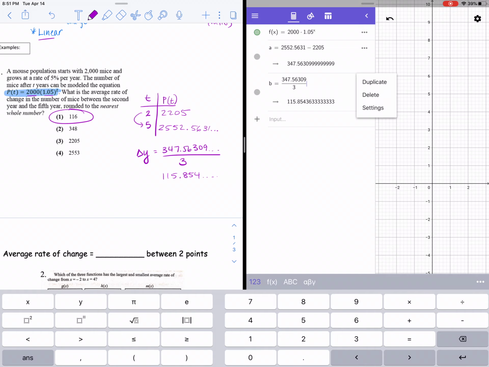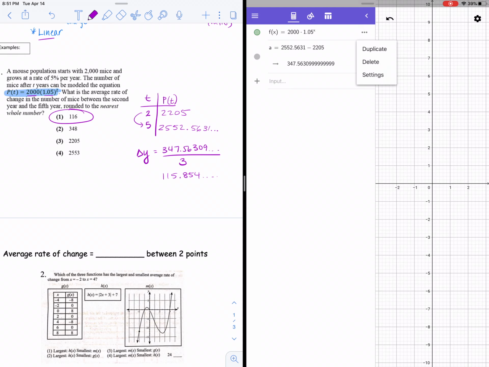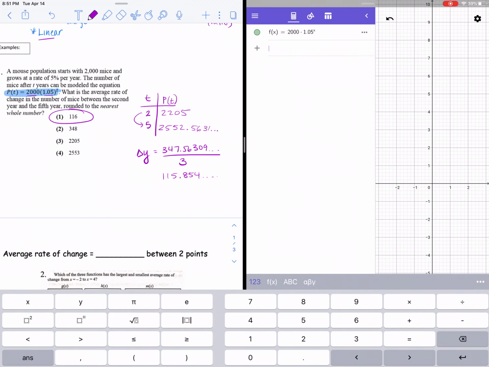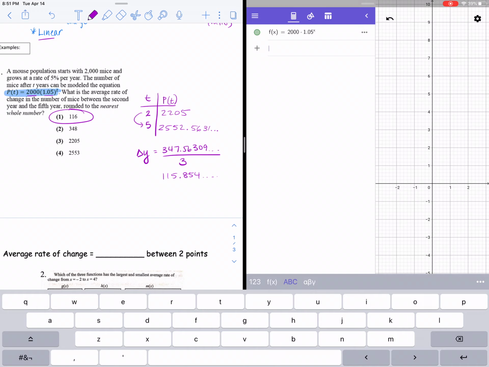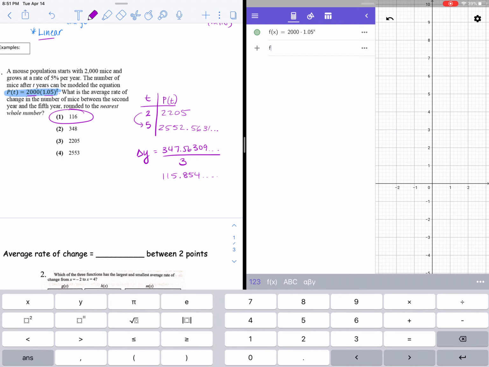Another way I could have done it in the calculator after getting that function in there, I could have gotten the change in the outputs by using the alphabet keyboard. I'm going to do f and then go to the numbers, and I could put the input in. So I could find f of 5 first or f of 2 first.